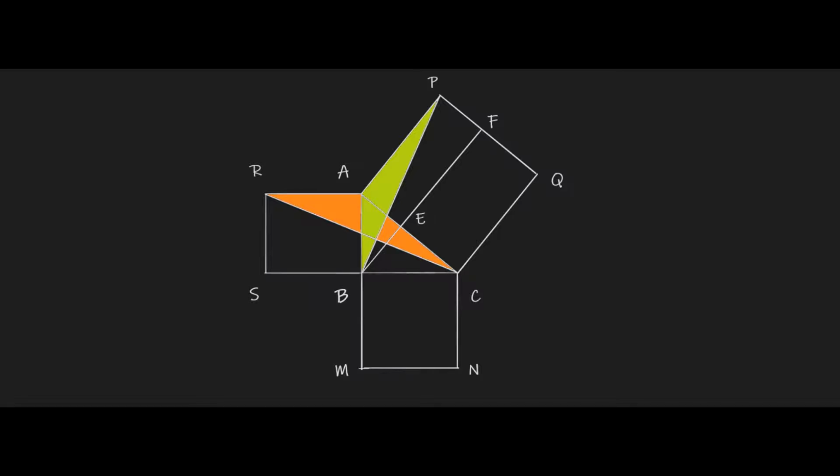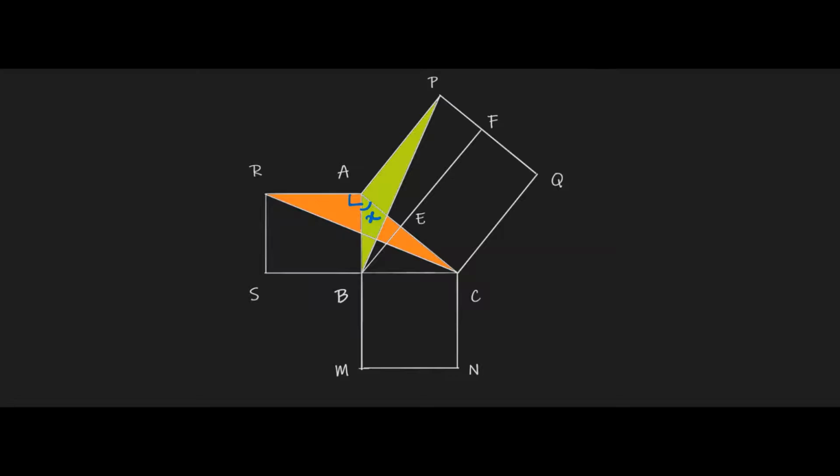In the original triangle ABC, the right-angled triangle, let angle BAC, this angle, be X. Now we know angle RAB is 90 degrees because it is part of the square RABS.